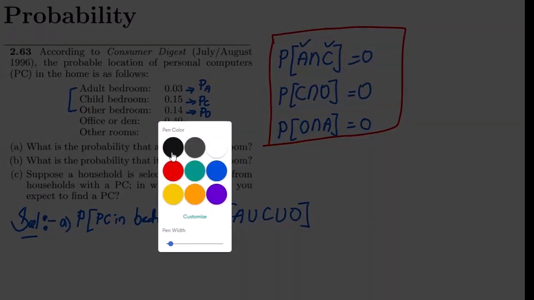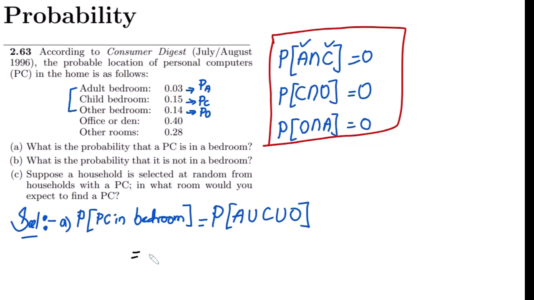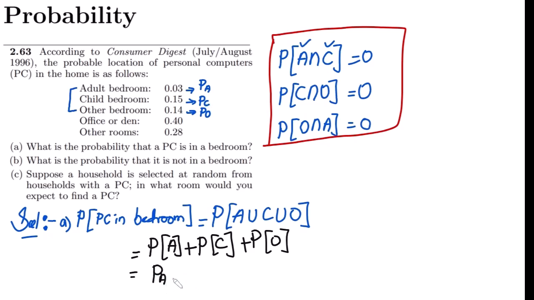So if I have this, what do I have to do? I can very easily see that it will be the probability that it is in adult's room plus the probability that it is in child room plus the probability that it is in other rooms, or I have previously shown you guys that this probability of A is PA plus P subscript C plus P subscript O. Okay, so putting their values, what will I get?